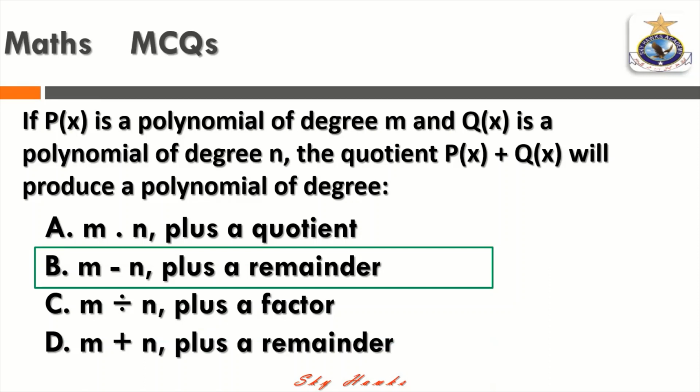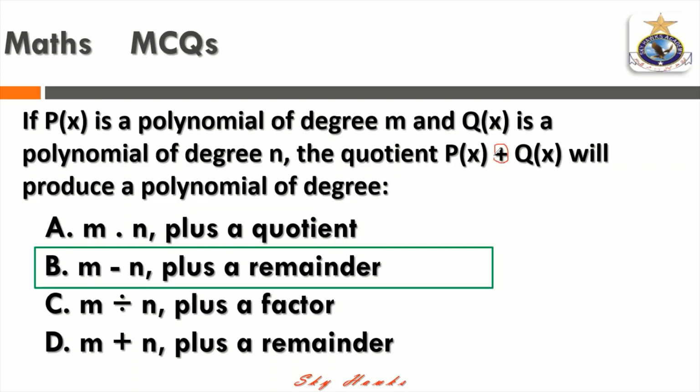So what is that? P of x is a polynomial of degree m and Q of x is a polynomial of degree n. The quotient P plus Q will produce a polynomial of degree? When you are adding these two, at the end there is actually one mistake in this question. That symbol is of division. Okay. So here is something wrong. That's why you are confused.